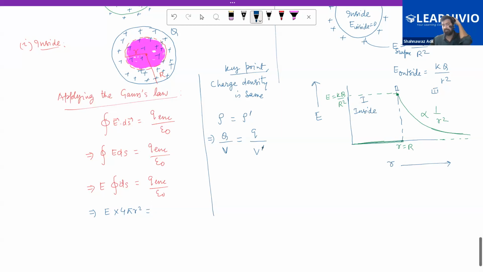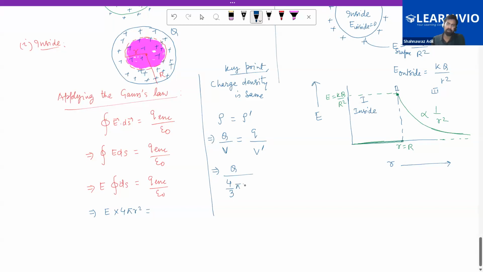So this is Q, and what is the volume of the sphere? We are talking about the whole sphere in this one. The volume of the sphere is 4 by 3 pi R cube.